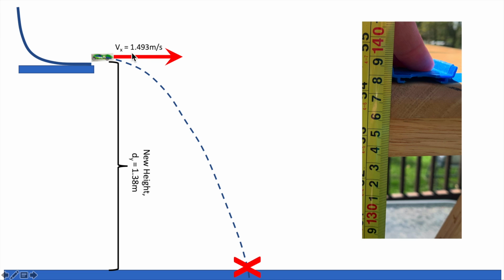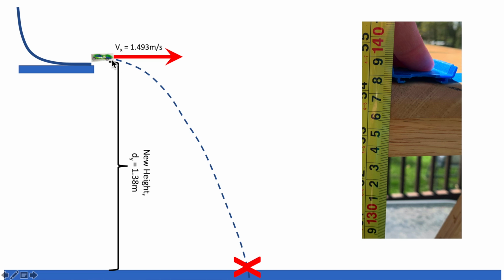And also, all of you got an answer very close to this horizontal velocity. Some of you may have gotten like 1.47, 1.5, somewhere around there. When I calculated here, I got about 1.493. Just use whatever you ended up having here, or if you want to use this value here, that's fine as well. So from that information, again, we're going to find out the new range of the projectile.